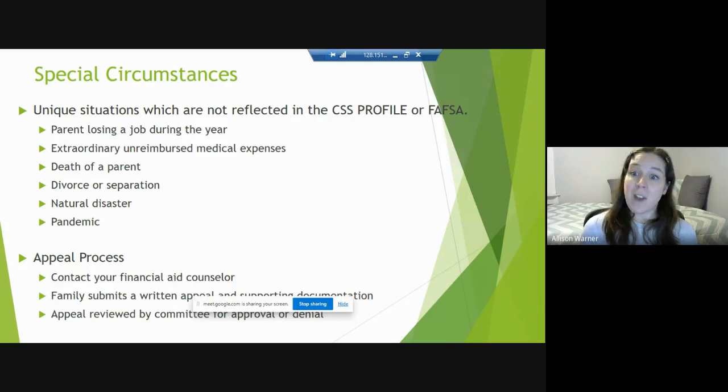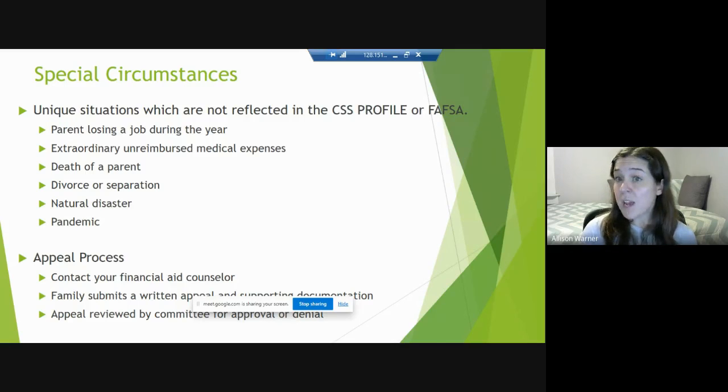So while the FAFSA and the CSS Profile have added a special circumstance box related to COVID this year to help students explain their situation further, because the federal Department of Education and College Board both recognize that this is an ongoing issue, it is ultimately up to the student and family to reach out to the schools they applied to see if their special circumstances were taken into consideration once they received offers from these schools.